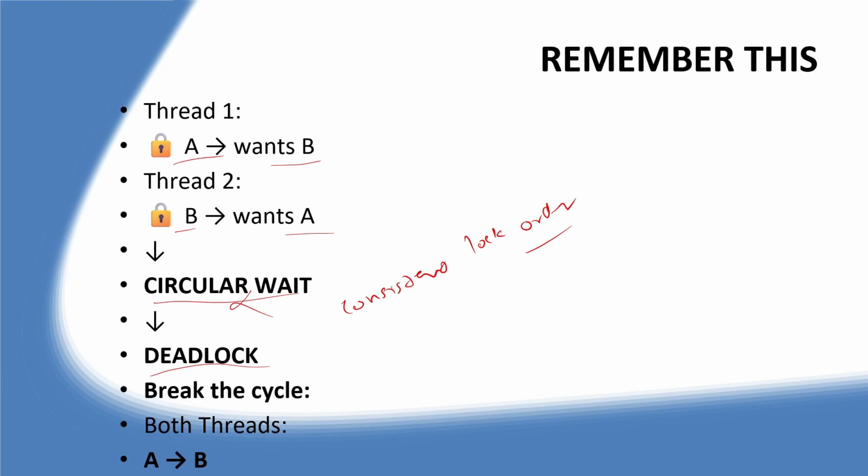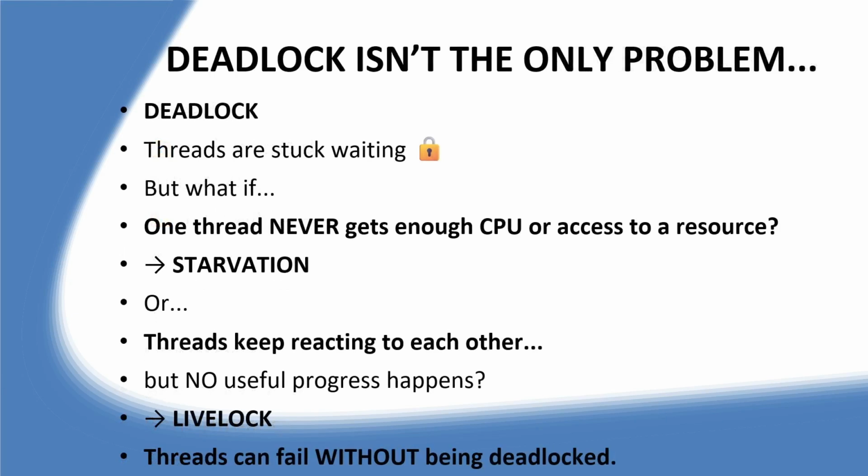We have now seen how deadlock can cause threads to wait indefinitely and how careful lock ordering can prevent many deadlock scenarios. But here's something interesting. A program can fail to make useful progress even when there is no deadlock.